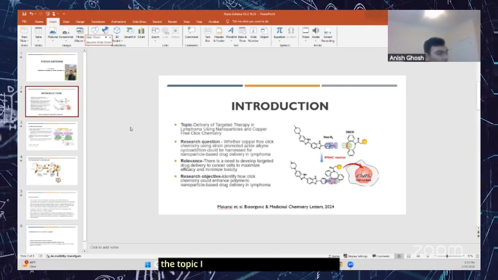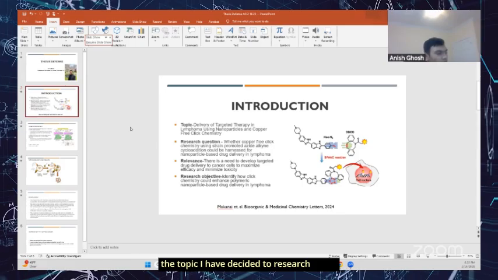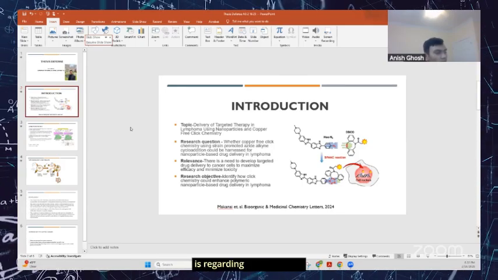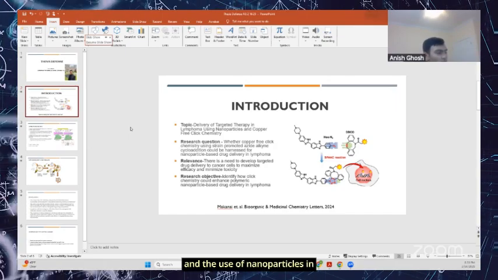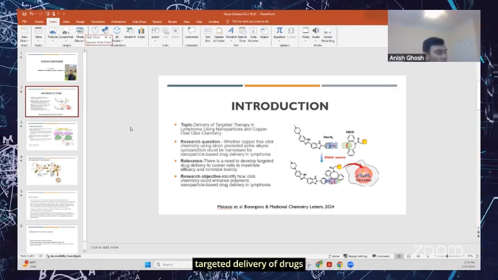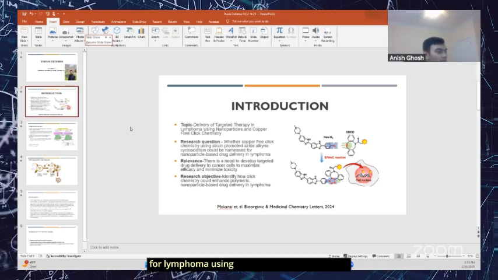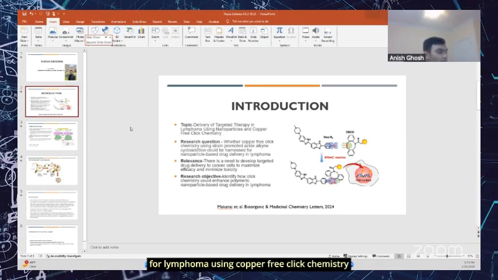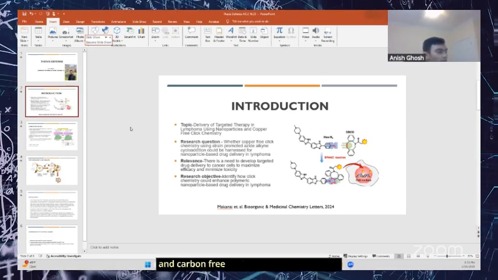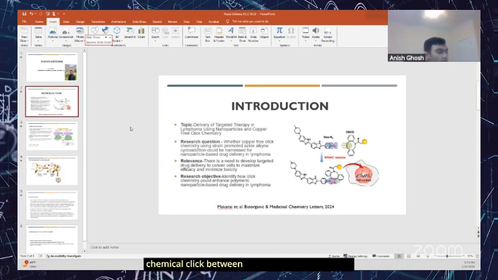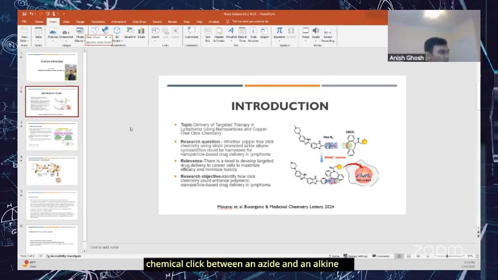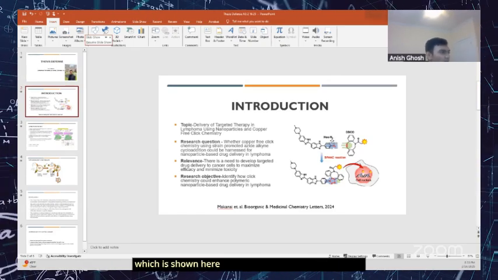The topic I have decided to research is regarding nanoparticles and the use of nanoparticles in targeted delivery of drugs for lymphoma using copper-free click chemistry. Copper-free click chemistry involves a chemical click between an azide and an alkyne, which is shown here.